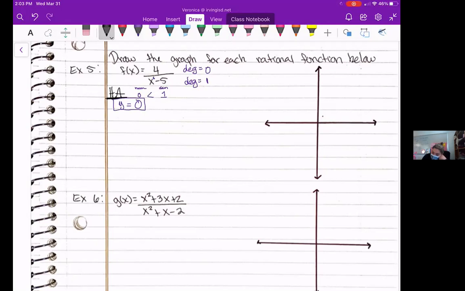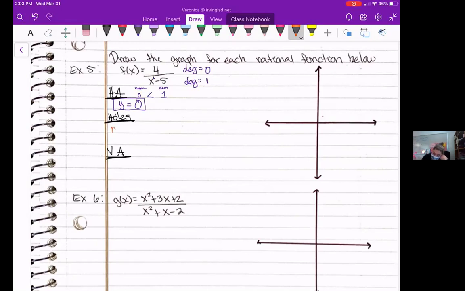Next, we're going to find our holes and then our vertical asymptotes, right? Holes always go first. Well, we already have it simplified. I can't factor anything out. Since I can't factor anything out and nothing is cancelable, nothing can reduce, right?